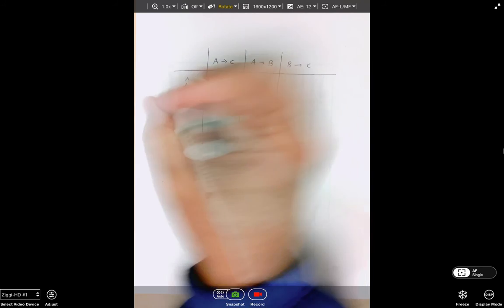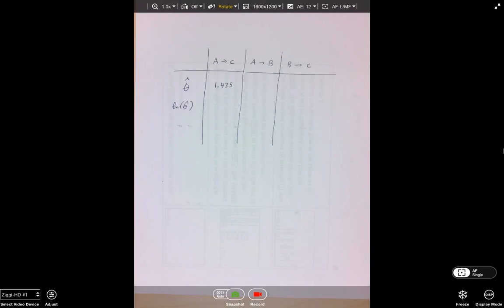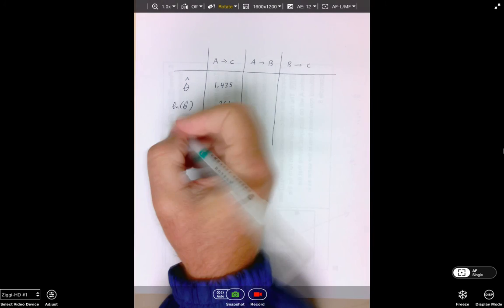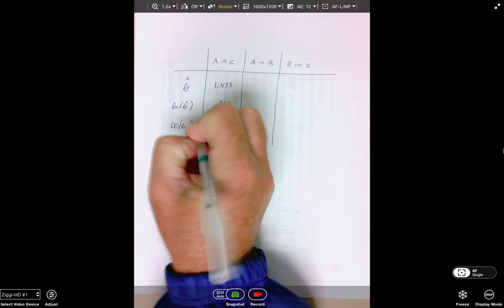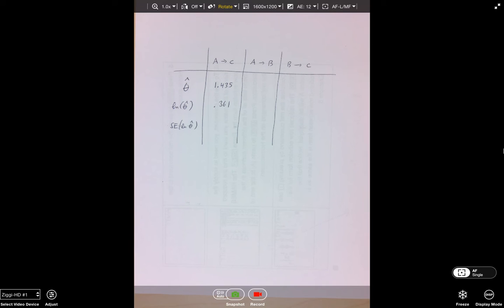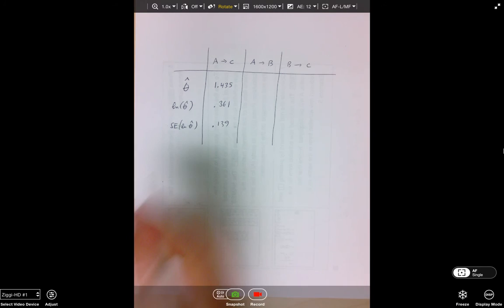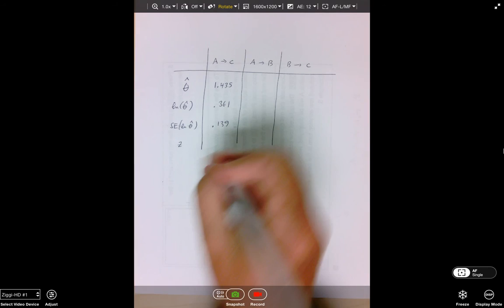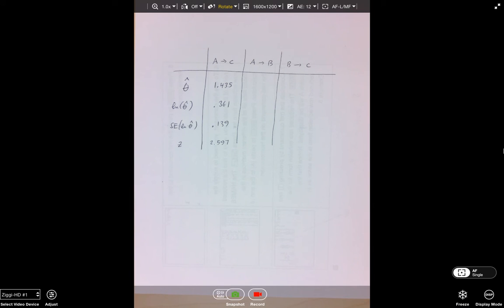The next thing I would do is I would have the natural log of theta hat, and that's 0.36. Next thing I would do is calculate the standard error of the natural log of theta hat. That's 0.139. And the next thing I would do is calculate the test statistic. And that's 2.597.